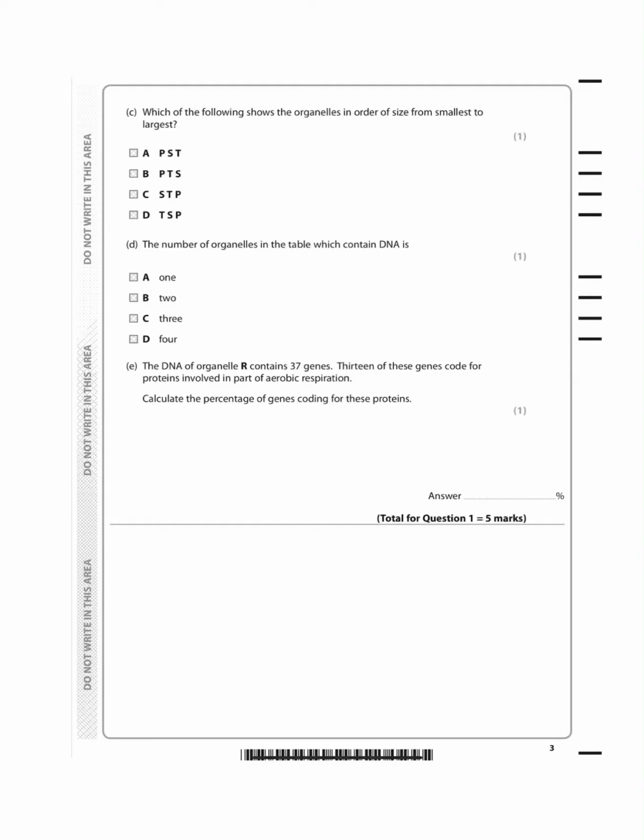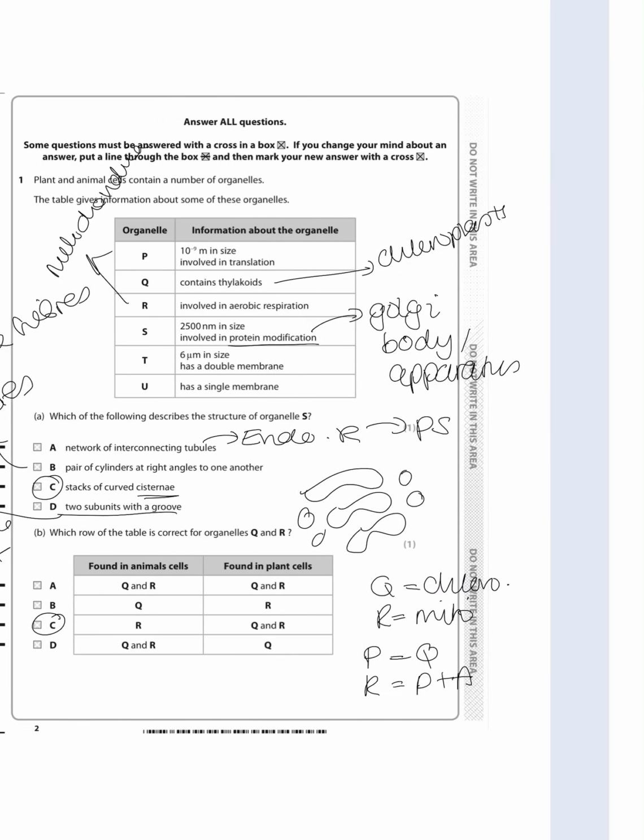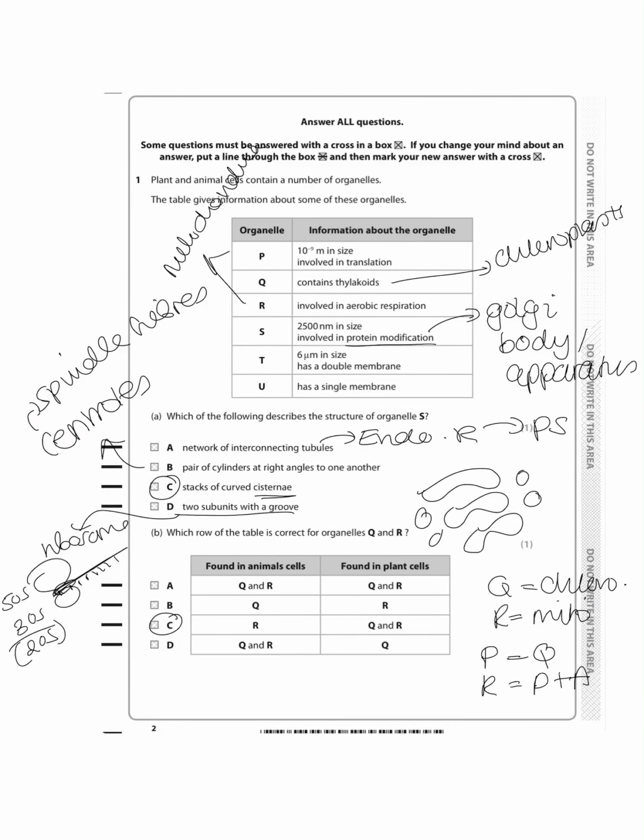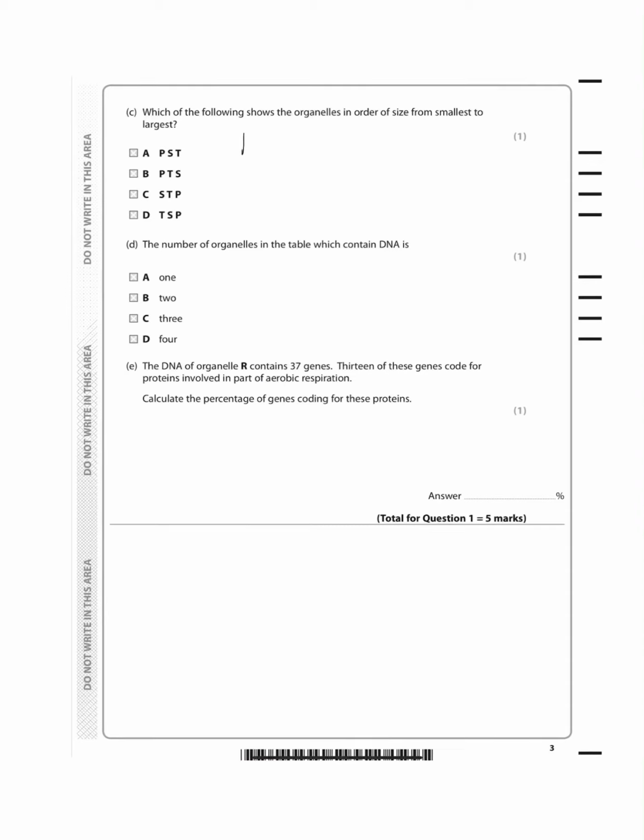Part C. Which of the following shows the organelles in order of size from smallest to largest? So, first thing, let's write it out. Now, the first thing you have to do is convert them all to the same units. This is in meters, this is in nanometers, and that's in micrometers.